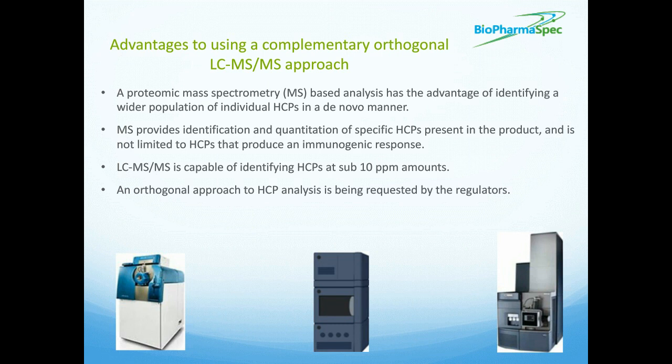LC-MS is very sensitive and able to detect host cell proteins at sub-10 part per million amounts, and frequently it's being requested by the regulators as an orthogonal approach. So LC-MS is not a replacement for the ELISA tests, but it's a good complementary method.